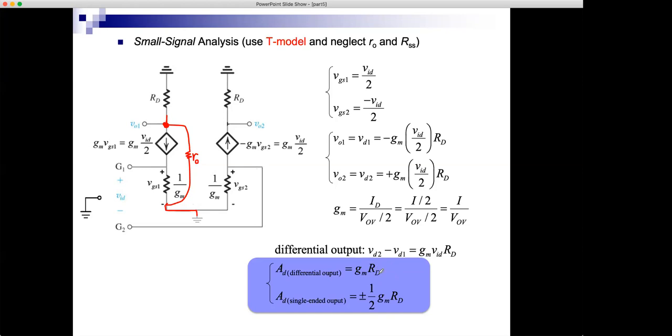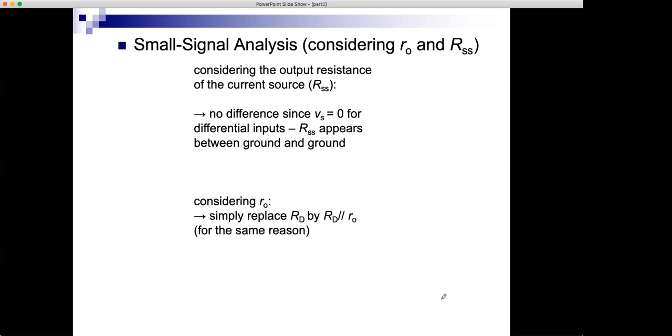The differential gain when I take differential output is GM (RD parallel RO). And when I take it single-ended from one drain to ground, it is plus or minus 1/2 GM (RD parallel RO). This is the generalized result now. Even when I have small RO and a non-ideal current source biasing the differential amplifier, I have these nice results. And they show that the differential amplifier completely rejects equal inputs and only amplifies differences.